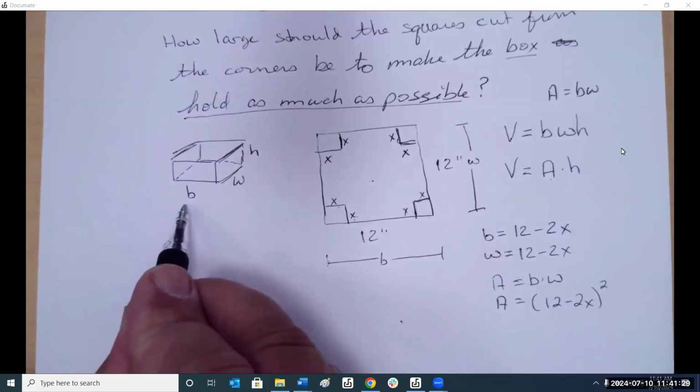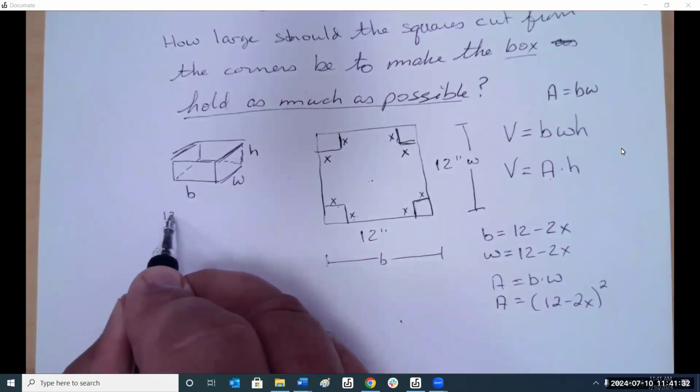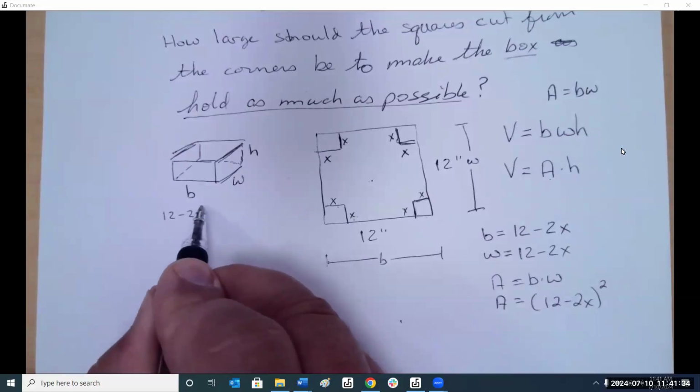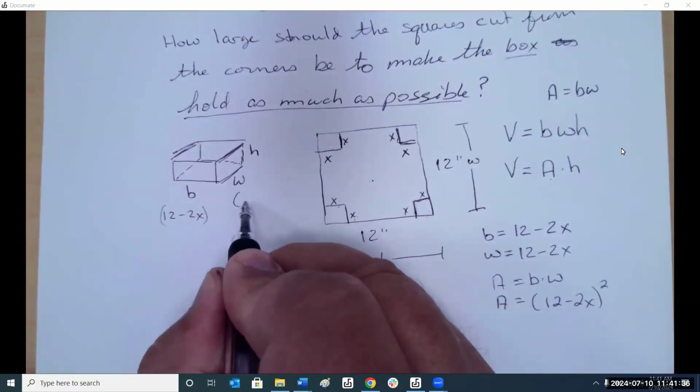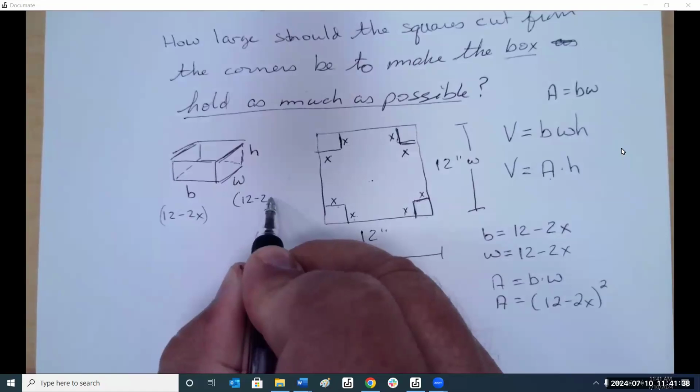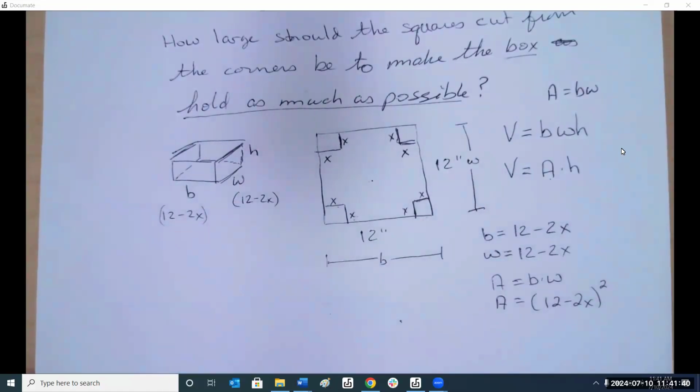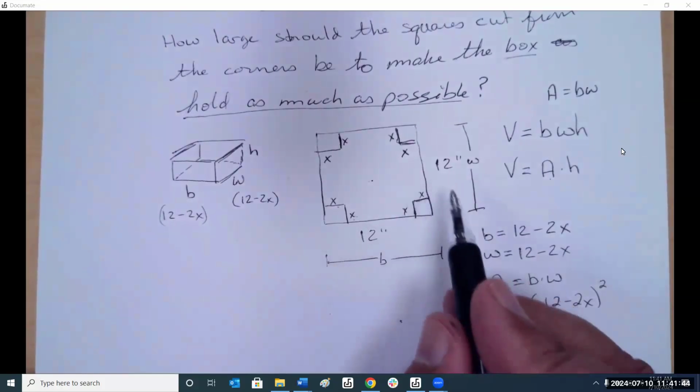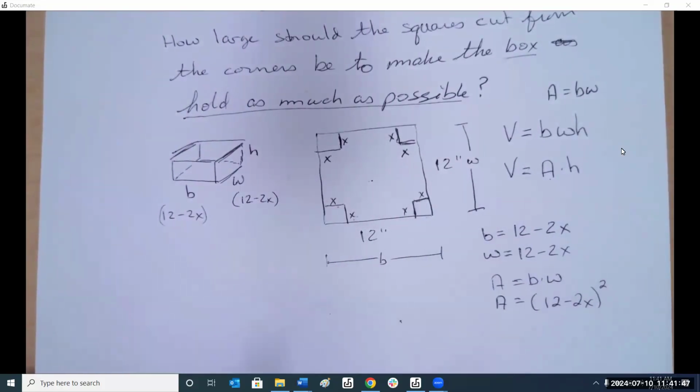So all we know about our box right now is it's going to be 12 minus 2x times 12 minus 2x. How high does it go? If we cut these and we fold the corners in, how high does it go? x.